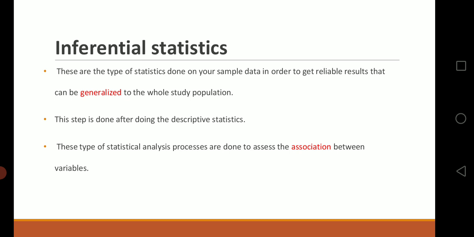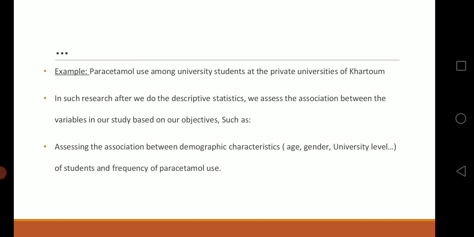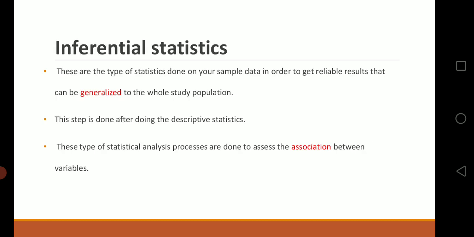After we do all the descriptive statistics for our variables, we do the inferential statistics after. These type of statistical analysis processes are done to assess the association between variables. This is the main difference between the descriptive statistics and the inferential statistics.